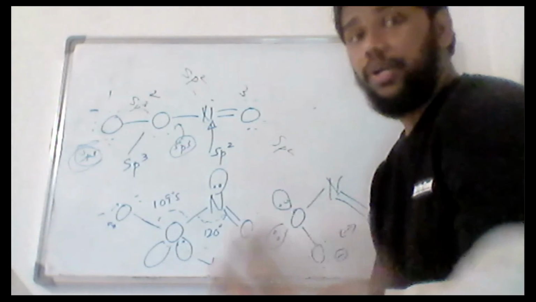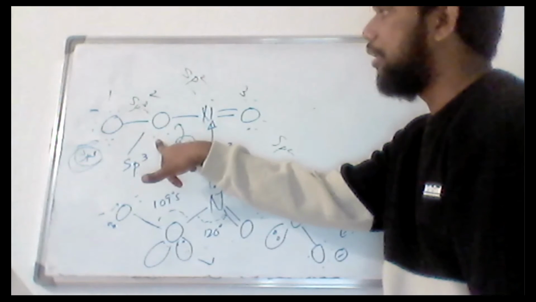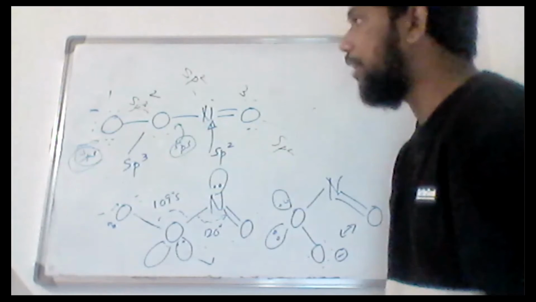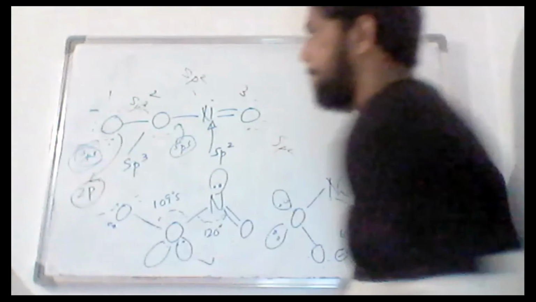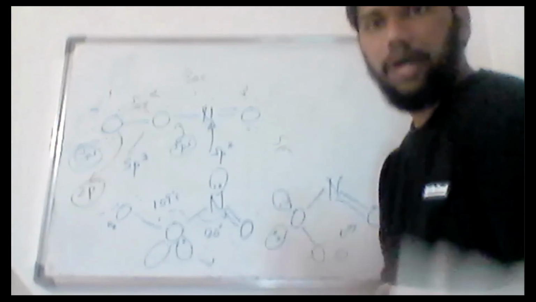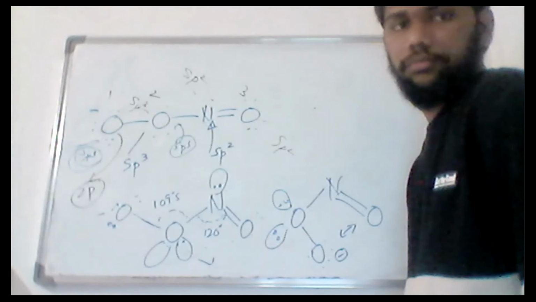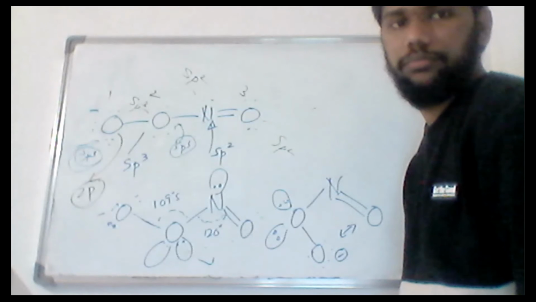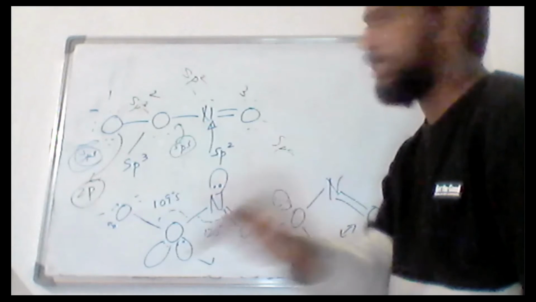But now you guys say this bonding is between 2p of this oxygen. Now I am asking why. Because it can have 4 sp3 hybridized orbitals.